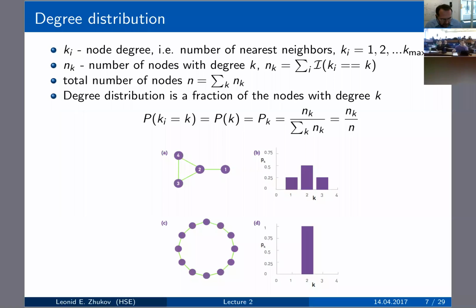So now, getting to distribution. This is a property we're going to be using all the time. So if k_i is the degree of node i, it tells you how many neighbors the node has.